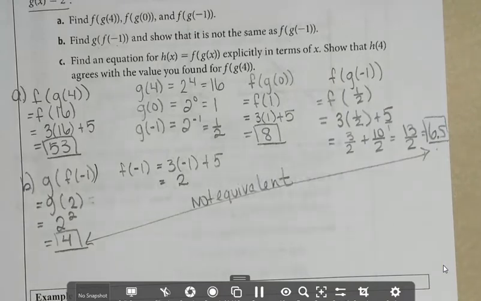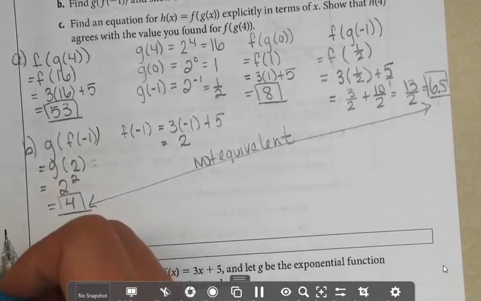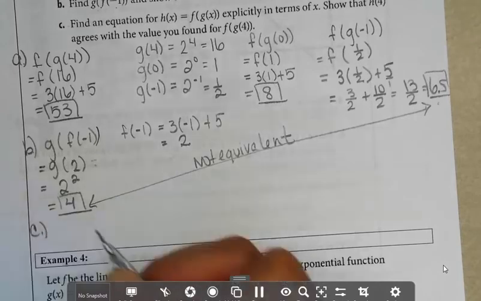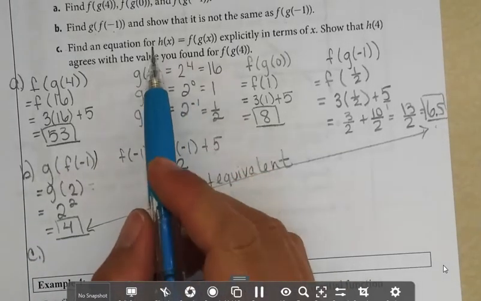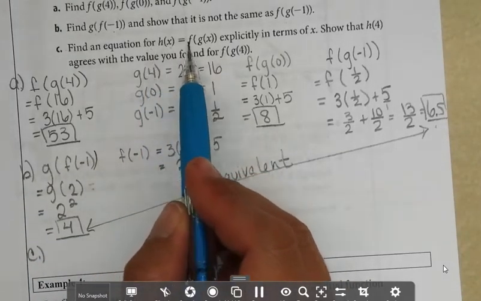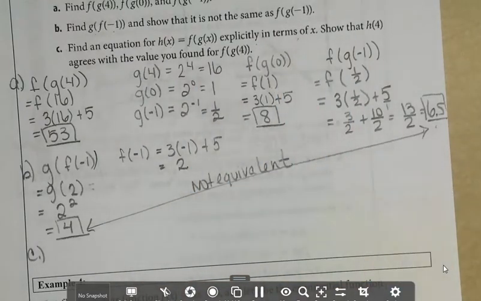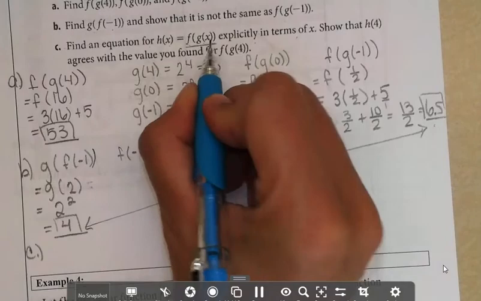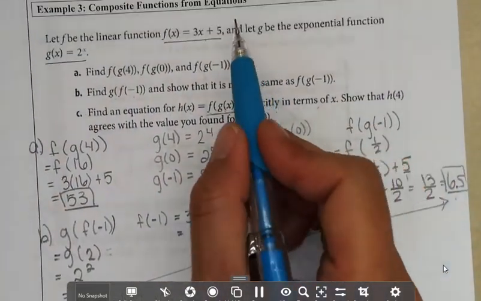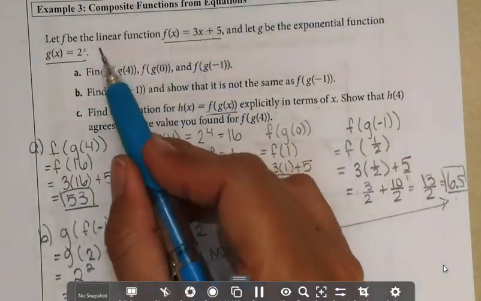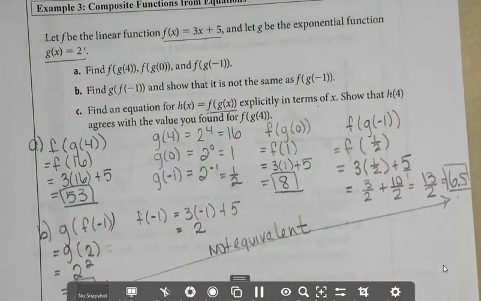All right, and then we've got C that we need to do. Find an equation for h of x equals f of g of x explicitly in terms of x. Okay, so we're going to find this equation basically using these two equations where you have x being your input.